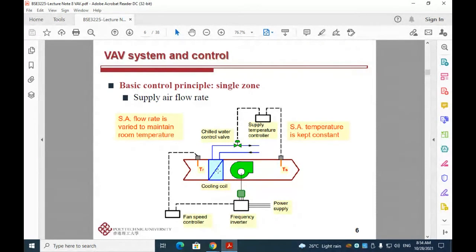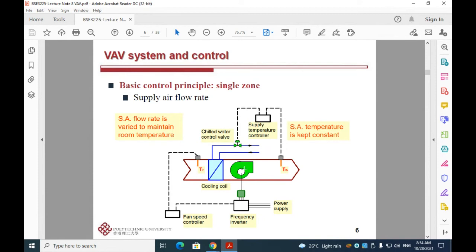And when the load varies, by maintaining this supply air temperature, we can actually only change the fan speed to further change the air volume or airflow rate of the system.